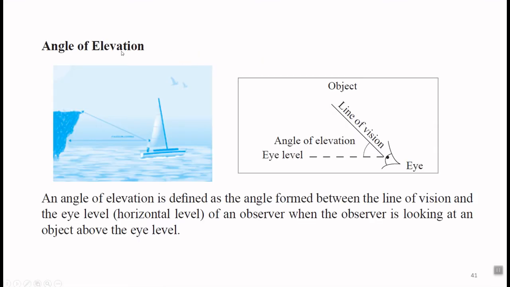Angle of elevation is defined as the angle formed between the line of vision and the eye level, the horizontal line. This is your eye level. You are looking at this object, so this is the line of vision.